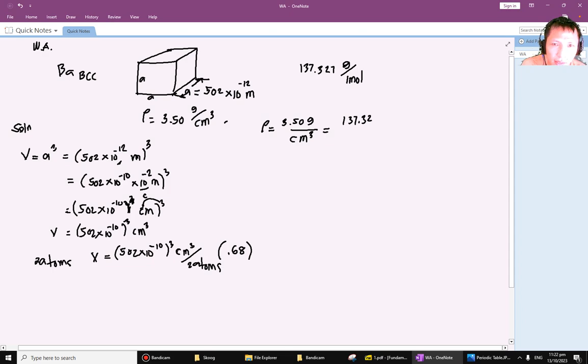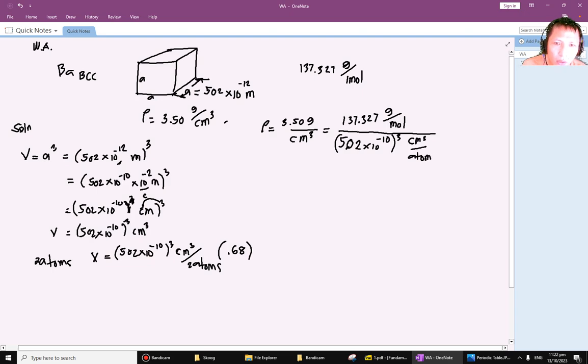The upper part should be mass, which is 137.327 grams, and that is given in terms of mole. While the other side, we divide it with the volume, 5.502 times 10 to the negative 10, the unit raised to cube, and then the unit is cubic centimeters per atoms.